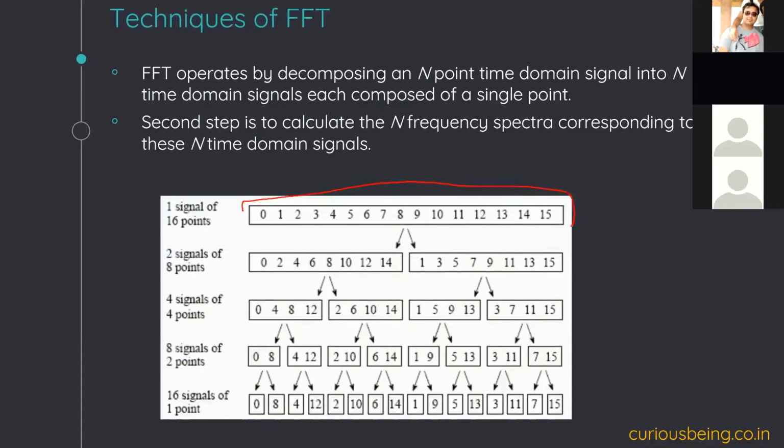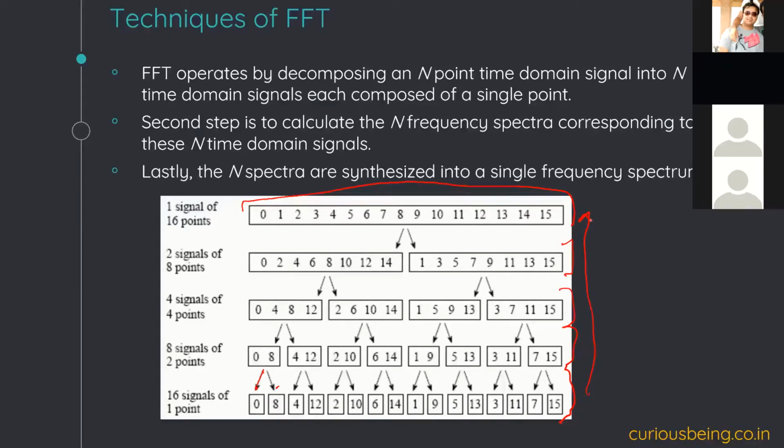At every stage it is decomposed into half: 16 to 8, 8 to 4, 4 to 2, and 2 to finally 1. Then it does some processing on each of them, multiplies some phasors, then adds them. It backtracks, basically, and finally reaches a 16-point Fourier transform, the frequency domain signal. Lastly, the N spectra are synthesized into a single frequency spectrum.